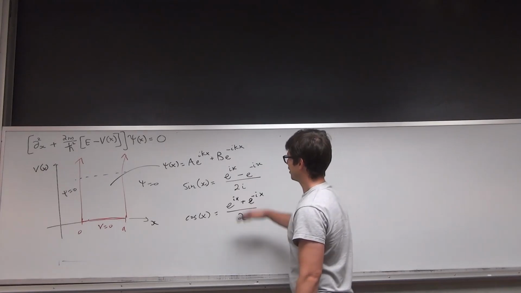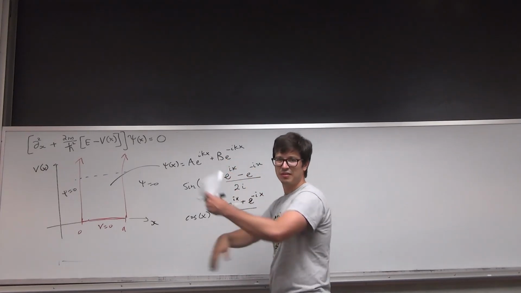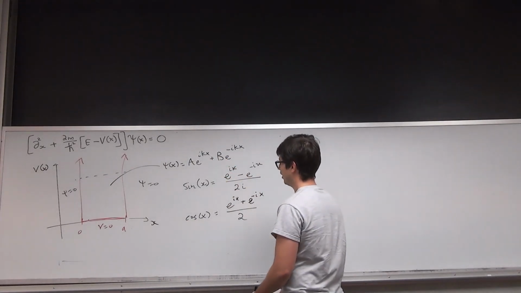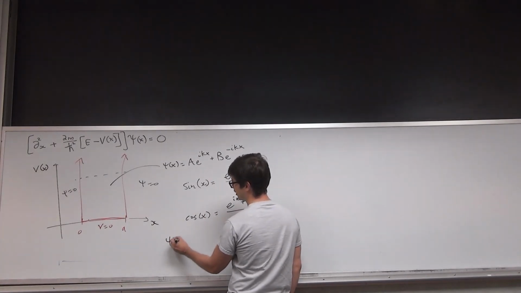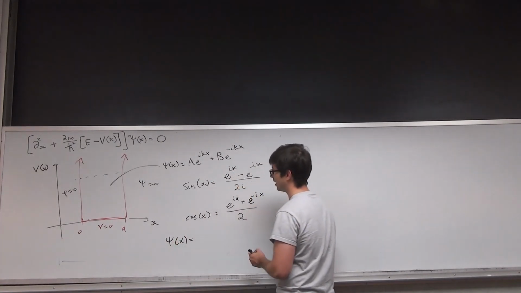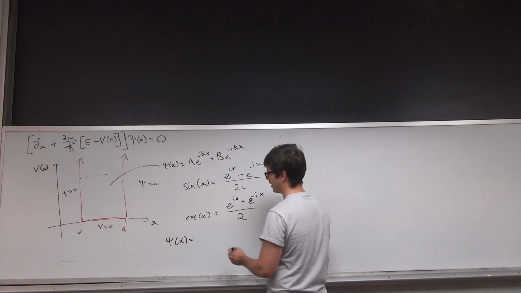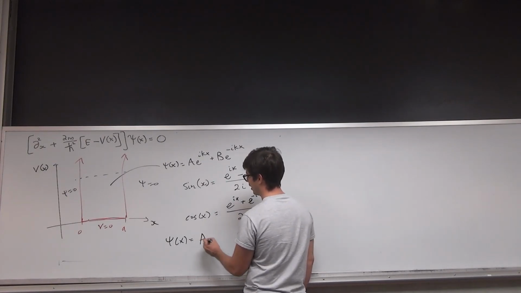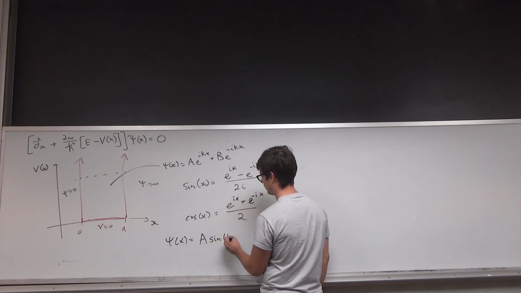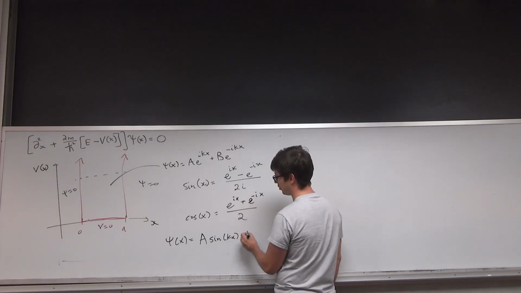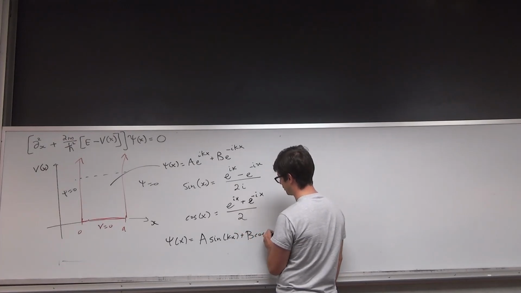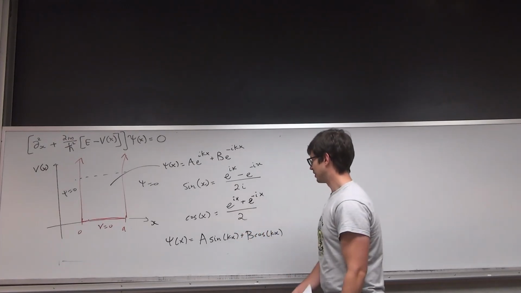So in fact, you could rewrite this if you wanted. You could redefine your coefficients so that you still have 2 degrees of freedom, but now these are still 2 complex numbers, and your 2 solutions are sine and cosine.